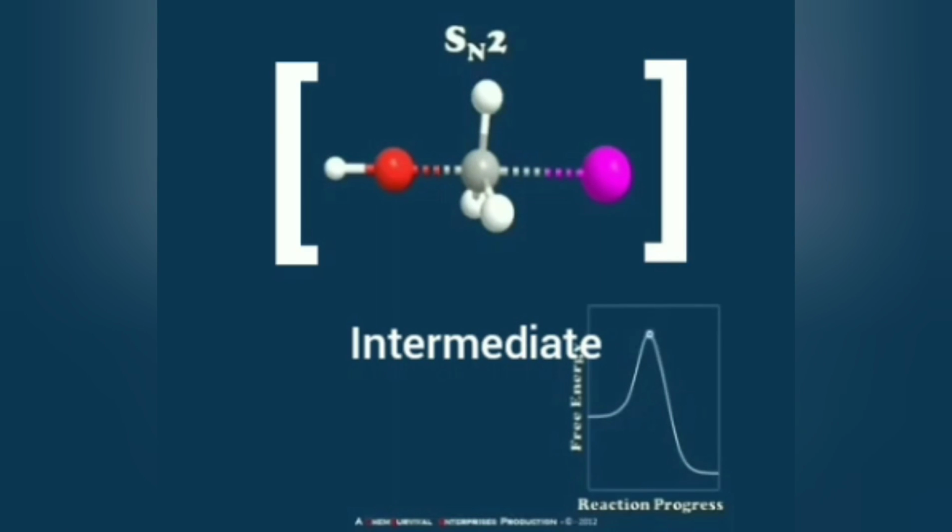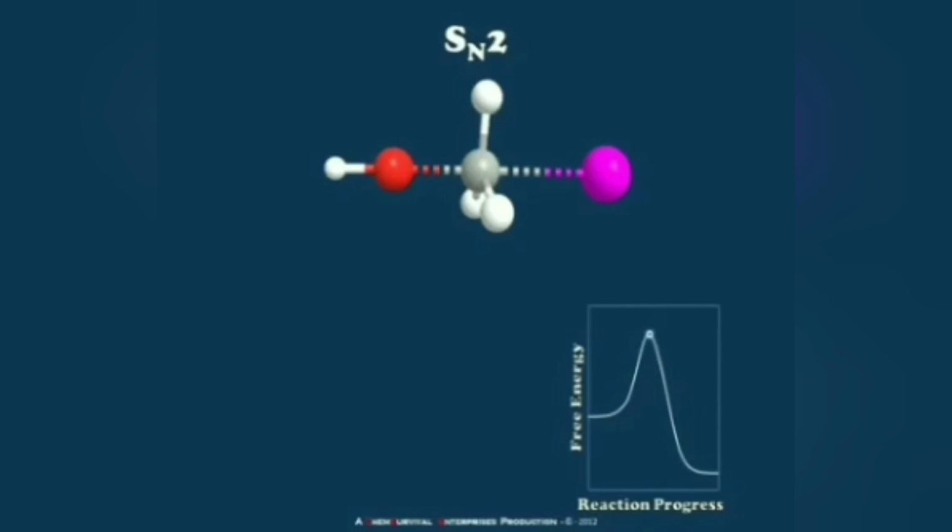This is the position of the intermediate, where bond making is taking place between the oxygen and the methyl carbon, and bond breaking is observed between the carbon and the chloride. Gradually, bond making and bond breaking take place simultaneously at this position, which is very less stable, so we call it an intermediate.